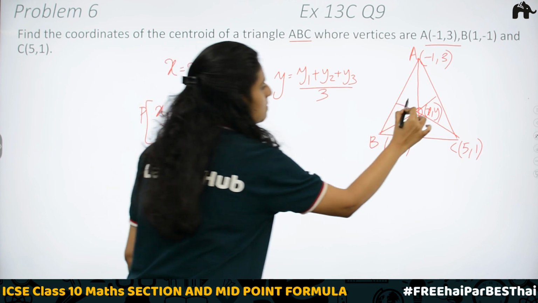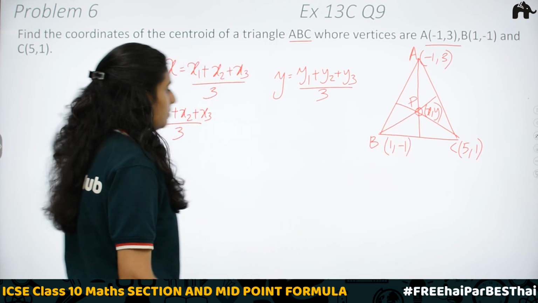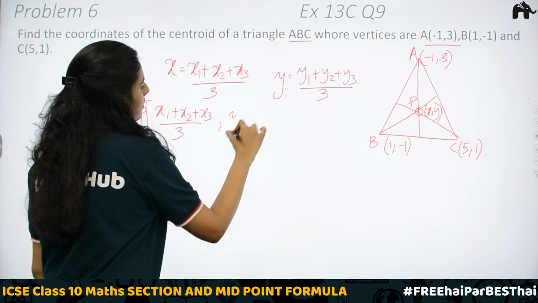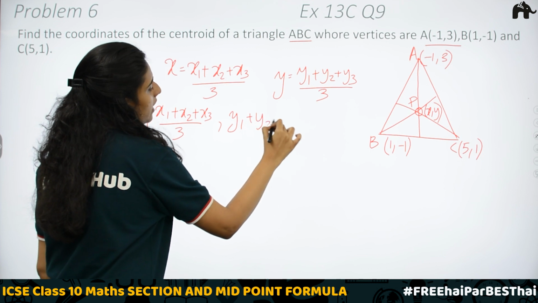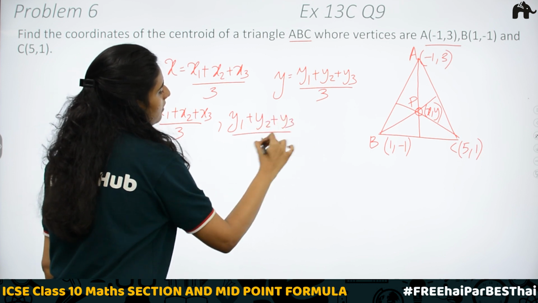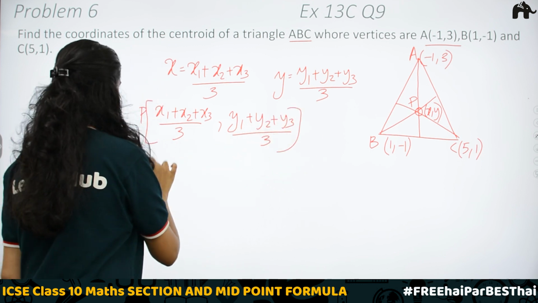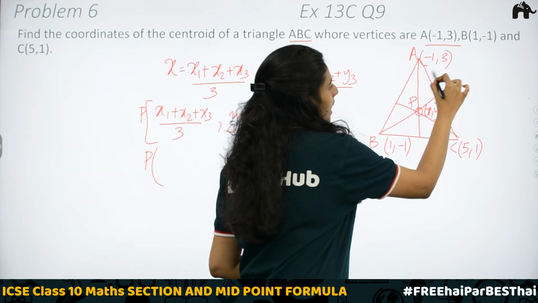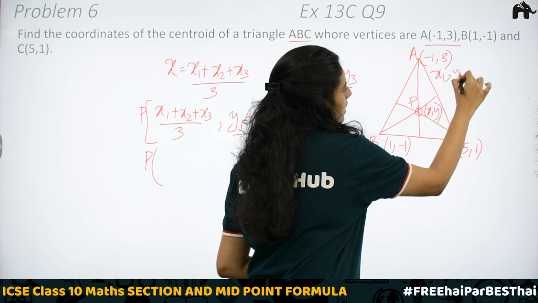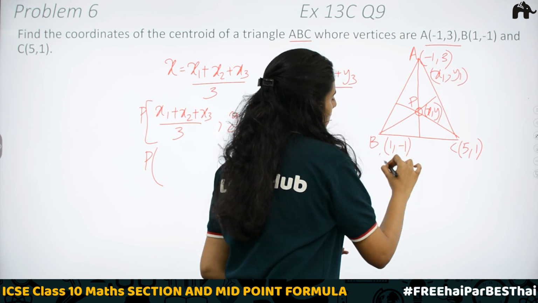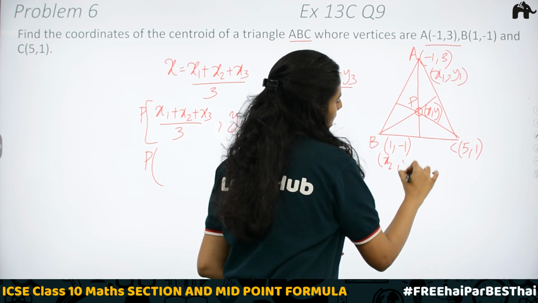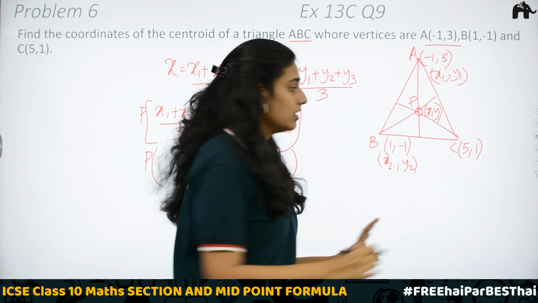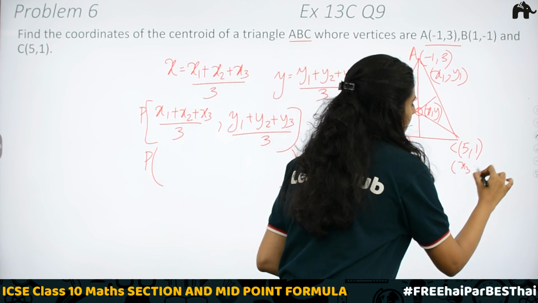We are taking this P as the centroid. And y coordinate y1 plus y2 plus y3 divided by 3. Put the values here. Point A has coordinates x1, y1. Point B has coordinates x2, y2. And C has coordinates x3, y3.